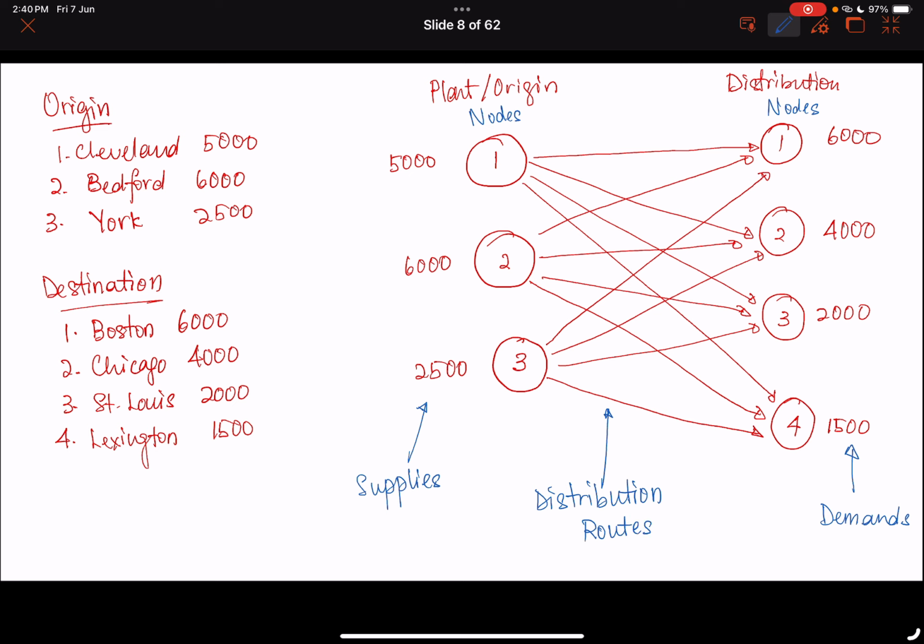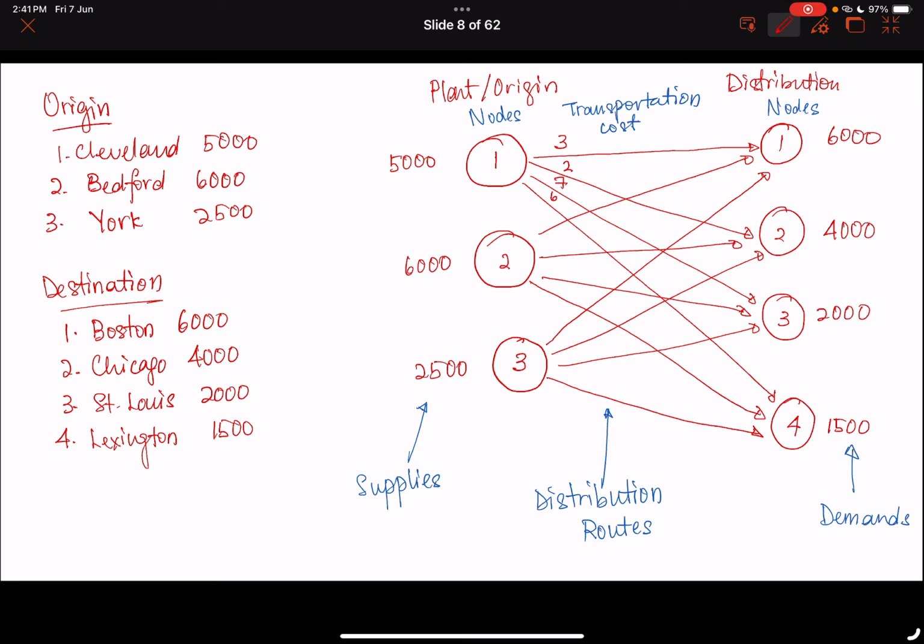One more piece of information that we add is the cost of transport. The transportation cost is what we write on top of the arrow. So let's say the transportation cost is $3 from plant 1 to distribution center 1, $2 from plant 1 to distribution center 2, 7 and 6.